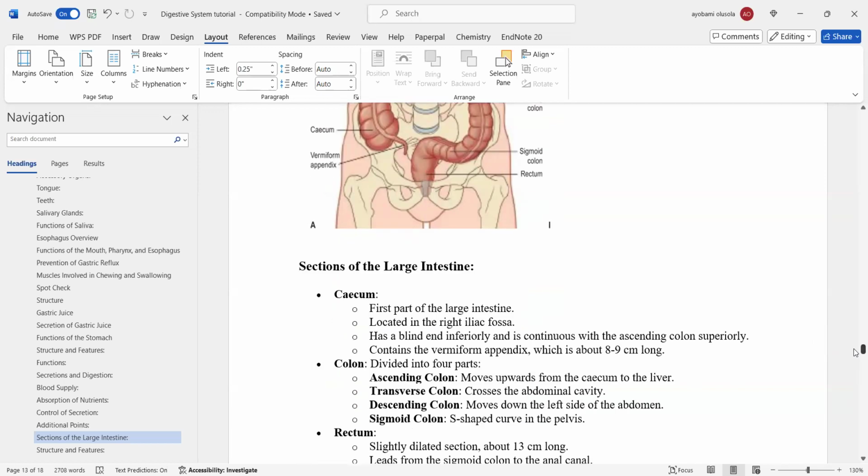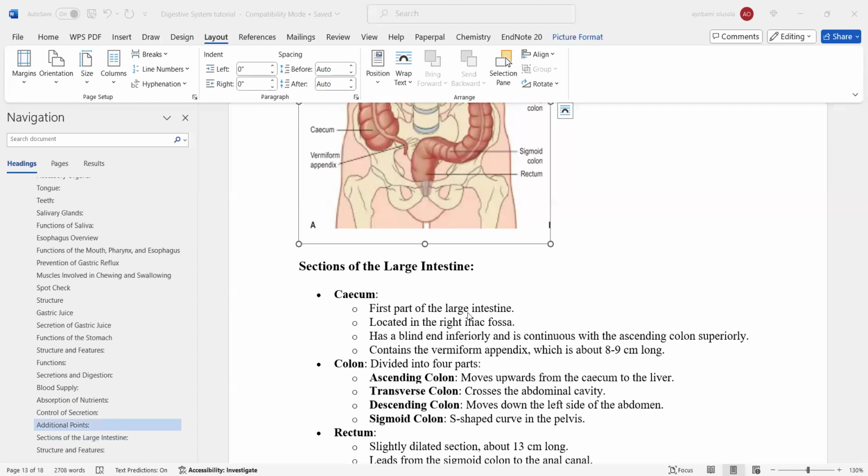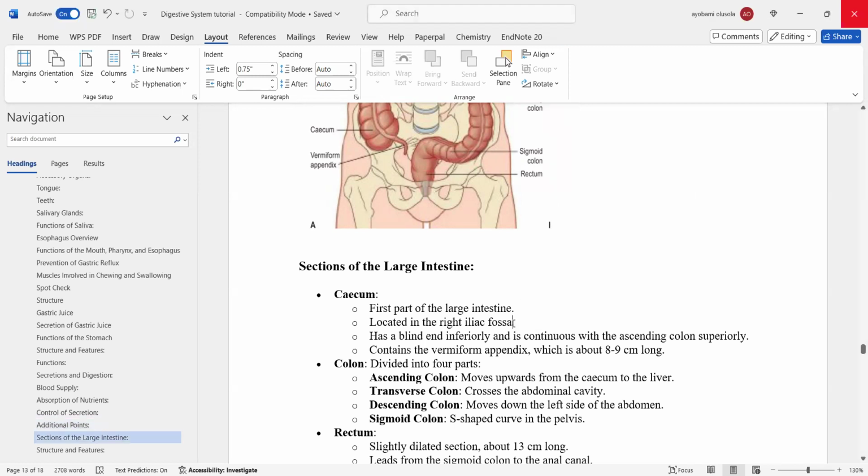The cecum is the first part of the large intestine, and it is located in the right iliac fossa.